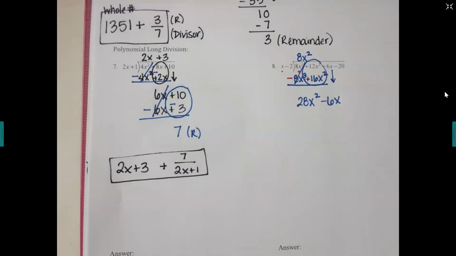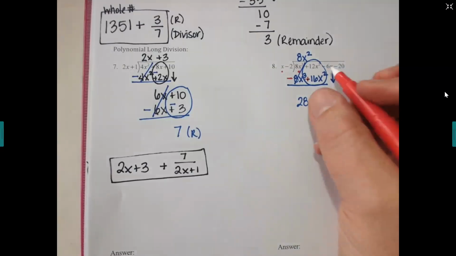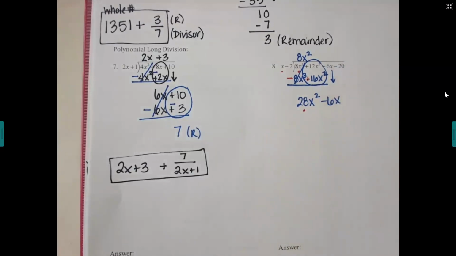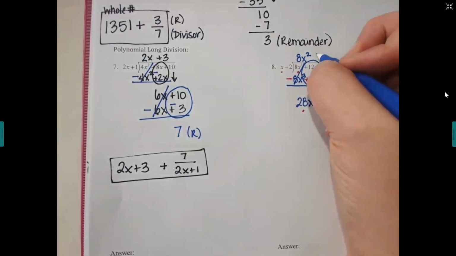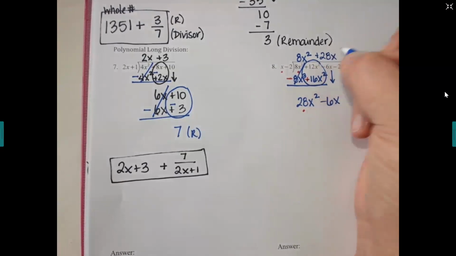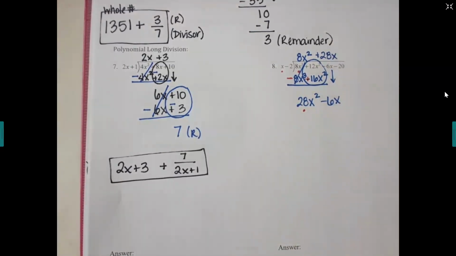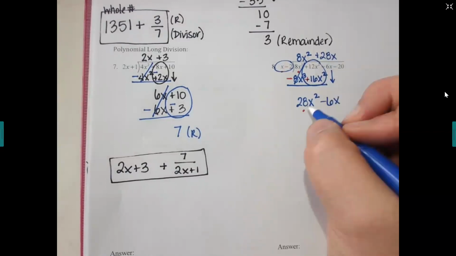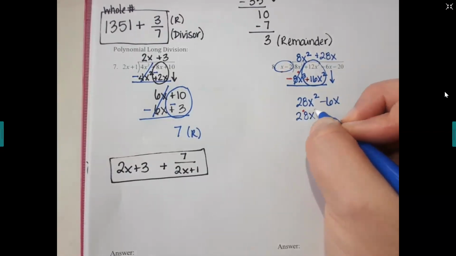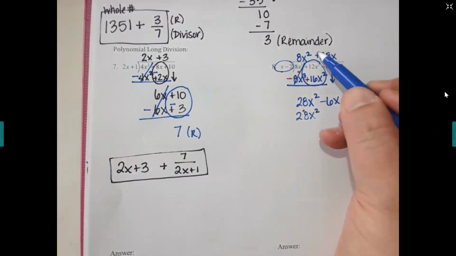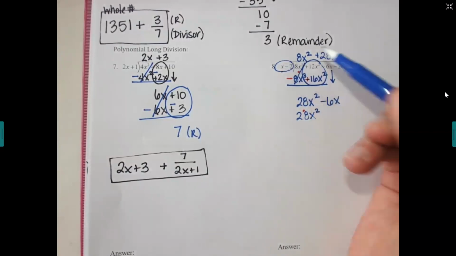So what do I need to times x by to make it perfectly match a 28x squared? We need a 28x, very good. Put plus 28x on top, and then we're gonna times that by the x minus 2 in the front. 28x times another x is 28x squared. We did that on purpose. What is 28x times minus 2?